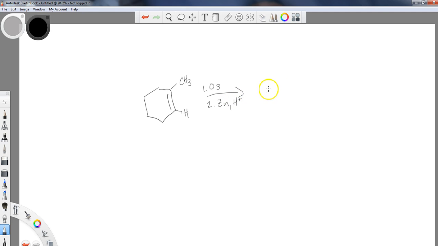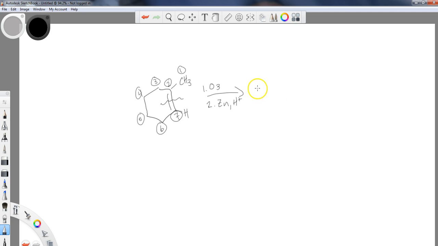So I would split here. It's a good idea to count your carbons. What I like to do, and this is not for naming, just for keeping track, is 1, 2 at this source right here, 3, 4, 5, 6, and then carbon 7 has the hydrogen there that we're looking at.